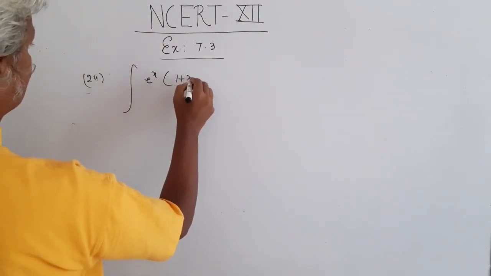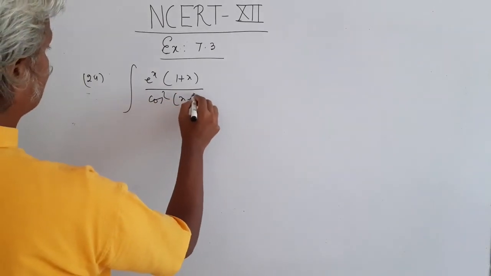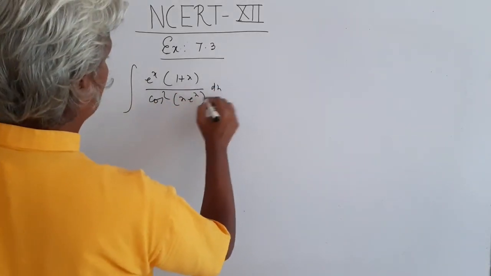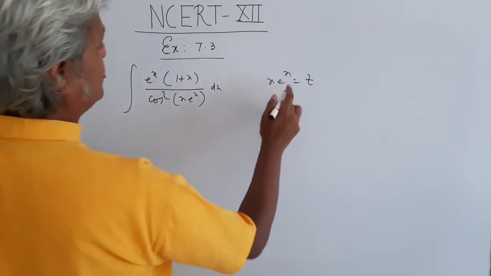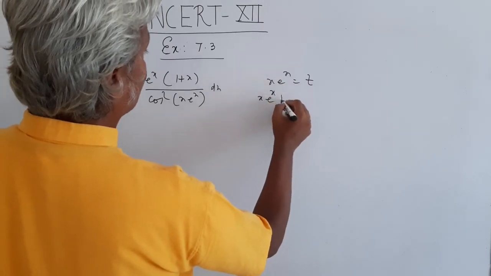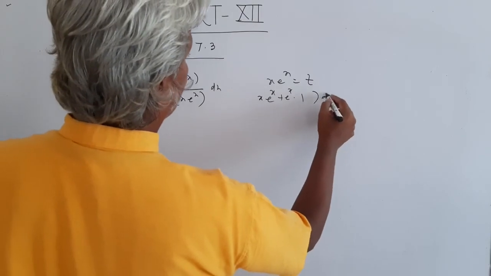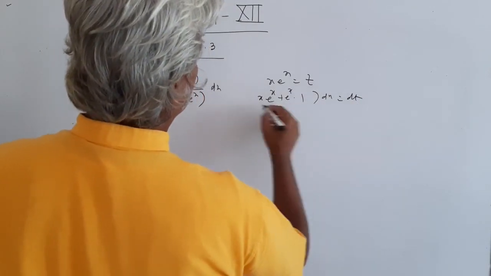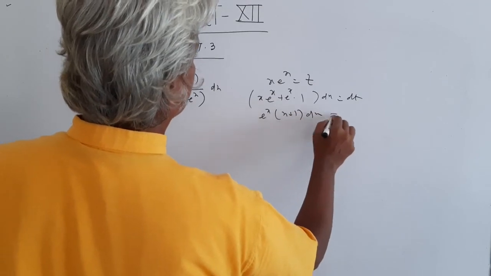Now question number 24, it is also an MCQ. Integral of e^x (1 + x) over cos²(x e^x) dx. You see properly, if you take x e^x as t, then find the differentiation using the UV rule: x unchanged, differentiation of e^x, e^x, plus e^x unchanged, differentiation of x, that is 1, whole dx as dt. Now you take e^x common, you get (x + 1) e^x dx as dt.